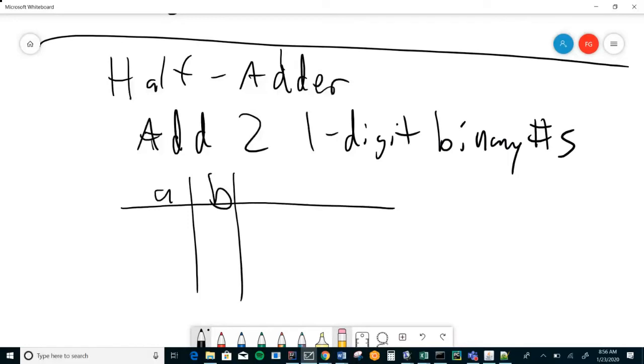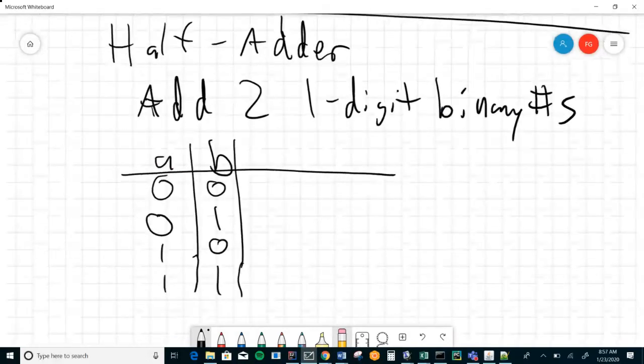My addends are A and B. And as with everything we've looked at so far, we're going to examine all possible combinations. So A can be 0, A can be 1, B can be 0, B can be 1. This gives us 4 possibilities.